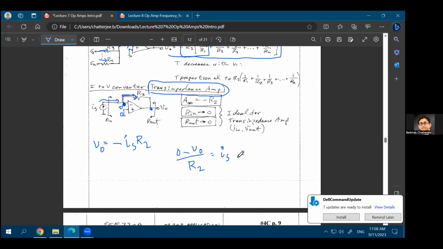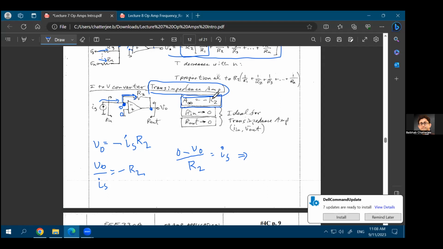Which means that your minus V0 equals IS times R2, which means your V0 equals minus IS times R2. So what is the transimpedance gain? What is V0 over IS? The transimpedance gain is equal to minus R2 in this case. And that's what we are showing here. That your A infinity, assuming that the op-amp is ideal, your transimpedance gain is equal to minus R2.